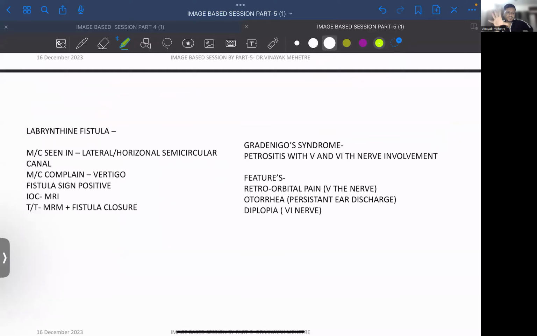Then comes a patient presented with scanty foul smell, discoloration present on the upper part of the tympanic membrane with vertigo. Okay, patient is having vertigo, so the answer is labyrinthine fistula.